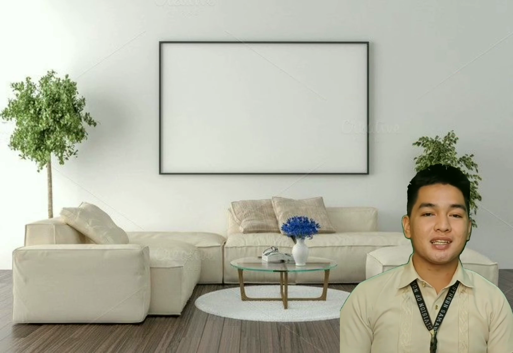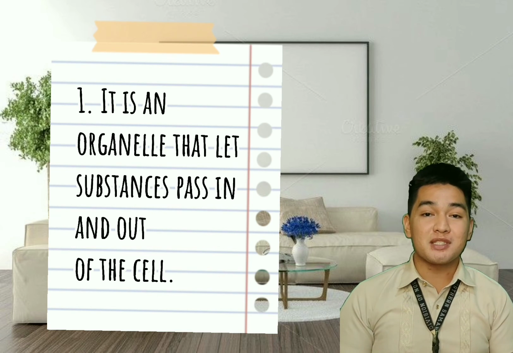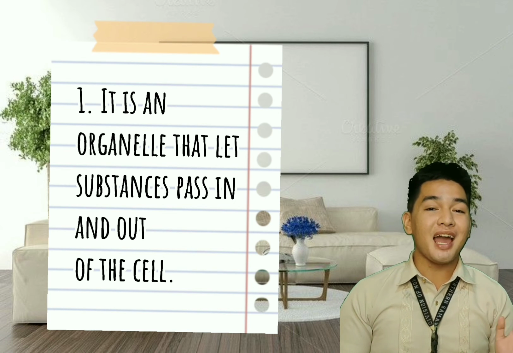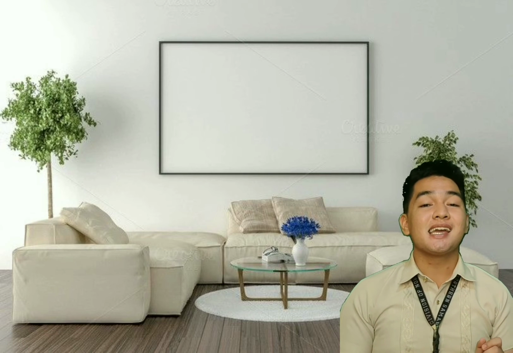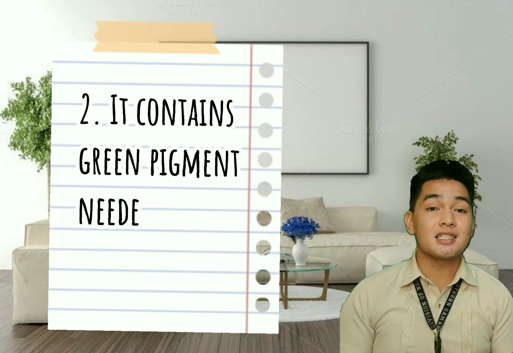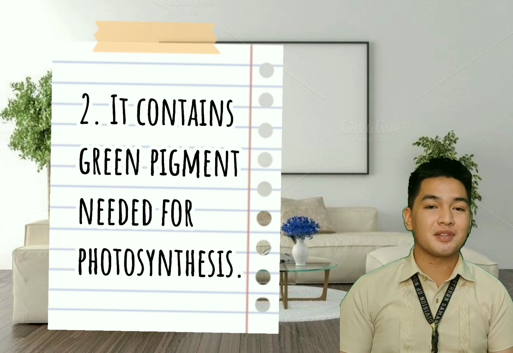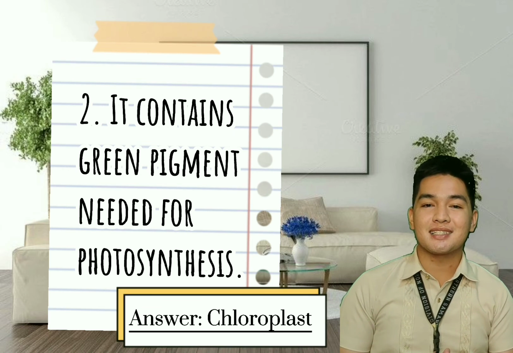First question. It is an organelle that lets substances pass in and out of the cell. Correct. The answer is cell membrane. Second, it contains green pigment needed for photosynthesis. Correct. The answer is chloroplast.